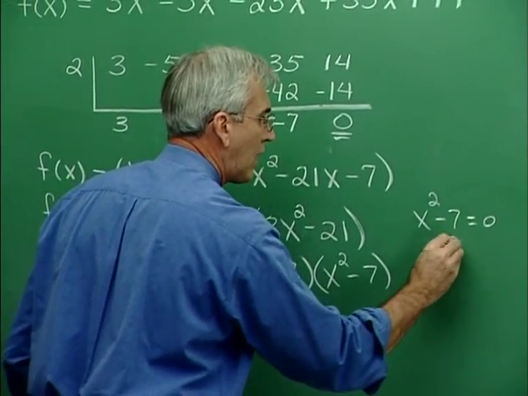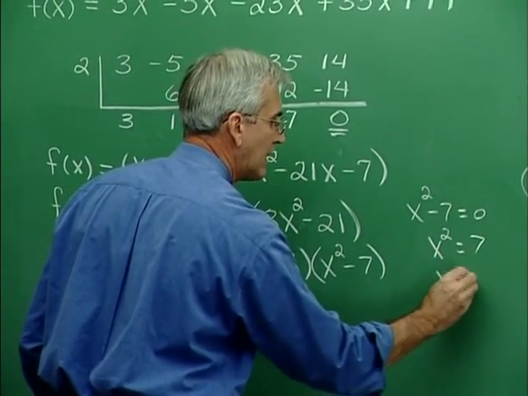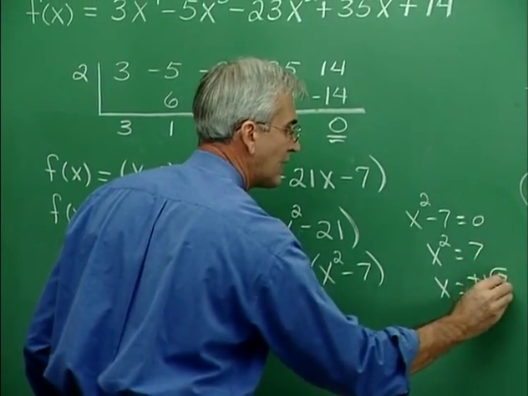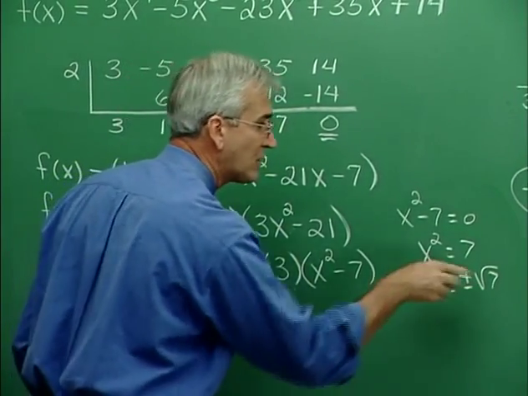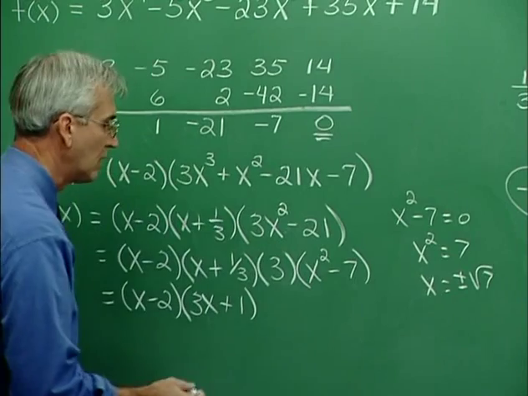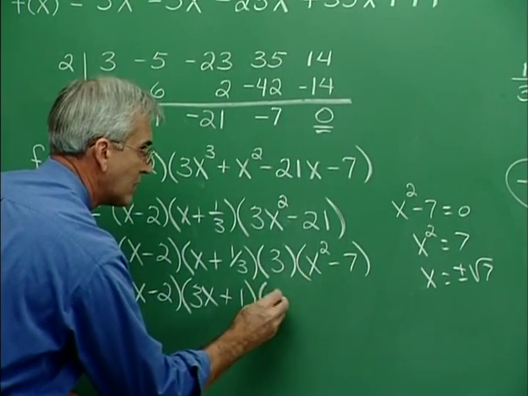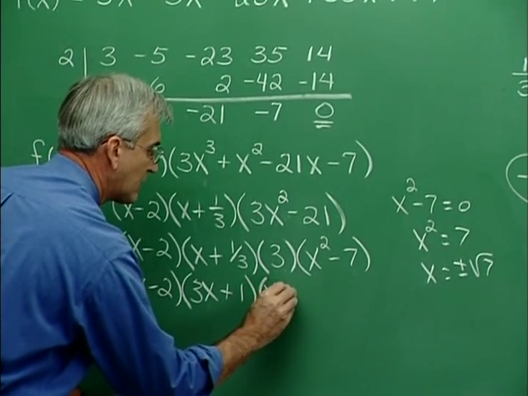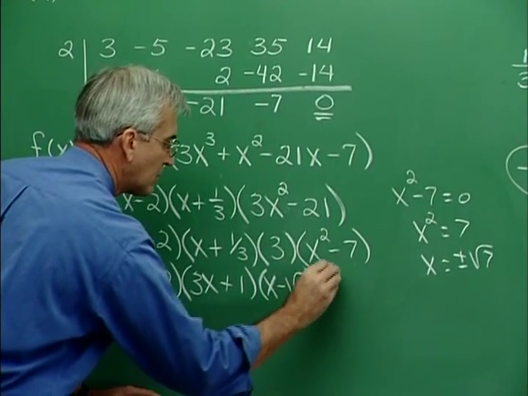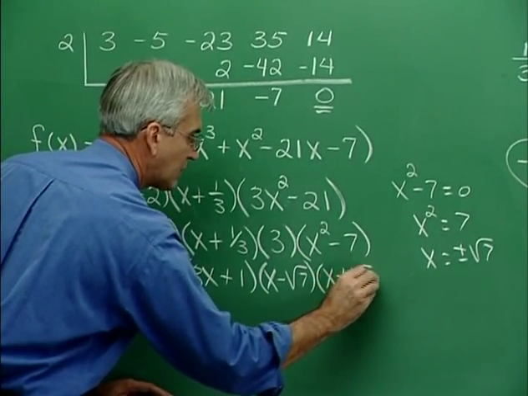And so x squared is 7, and x then is plus or minus the square root of 7. And then x minus each of those is a factor. You see, so the factored form here is x minus the square root of 7 and x plus the square root of 7.